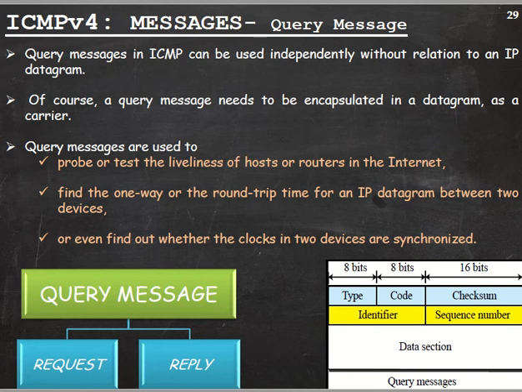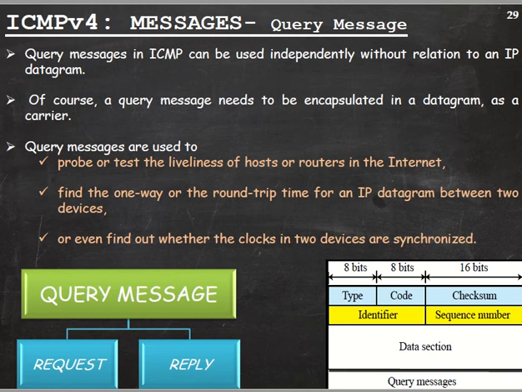We can find the one-way or round trip time for an IP datagram between the two devices, that is, the duration taken for one-way communication or the round trip, to and fro, between the two devices. We can even find out whether the clocks in the two devices are synchronized, that is, whether synchronization is there between the source and the destination.